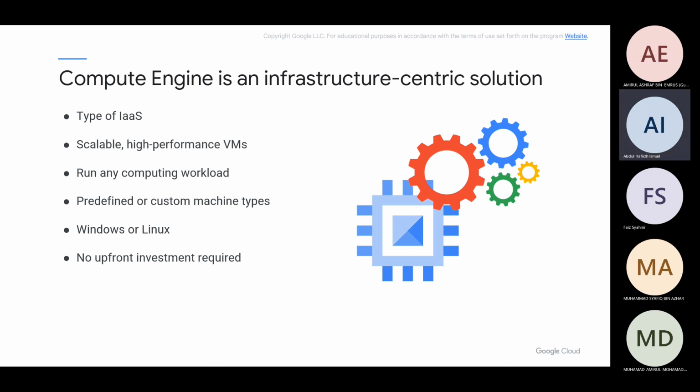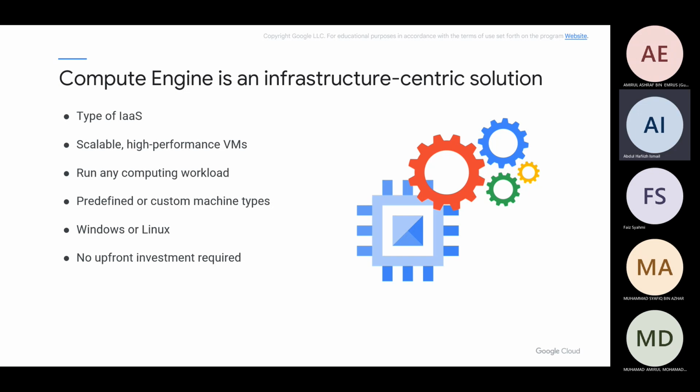So once again, Compute Engine is a type of infrastructure as a service, delivering scalable, high performance virtual machines running on Google's infrastructure. Compute Engine VMs (virtual machines) boot quickly, come with persistent disk storage, and deliver consistent performance.